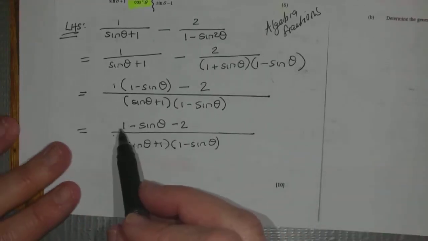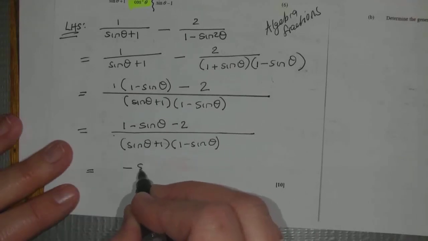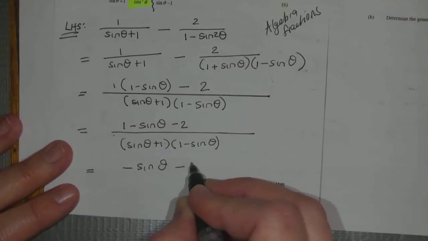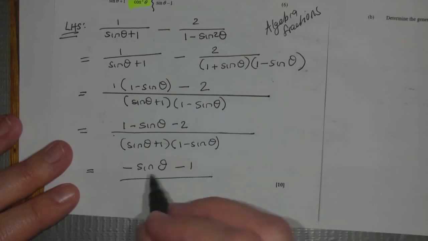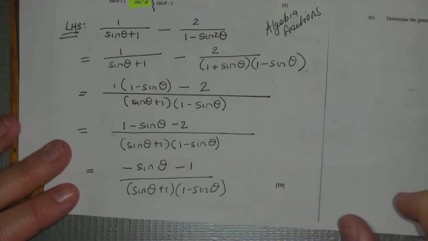Okay, so 1 minus 2, so I have negative sine theta minus 1 over sine theta plus 1, 1 minus sine theta.